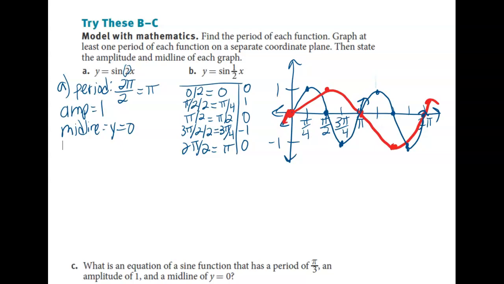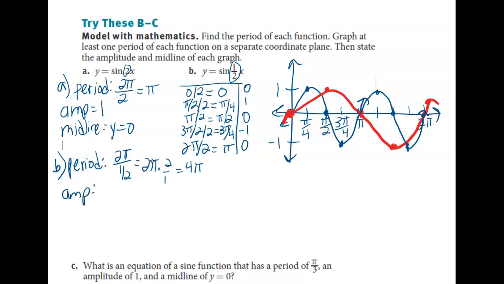Alright. So for B, we now have a 1/2 out in front. So what that's going to do is make our period 2 pi divided by 1/2. When you divide by a fraction, multiply by that reciprocal. So we get 4 pi.